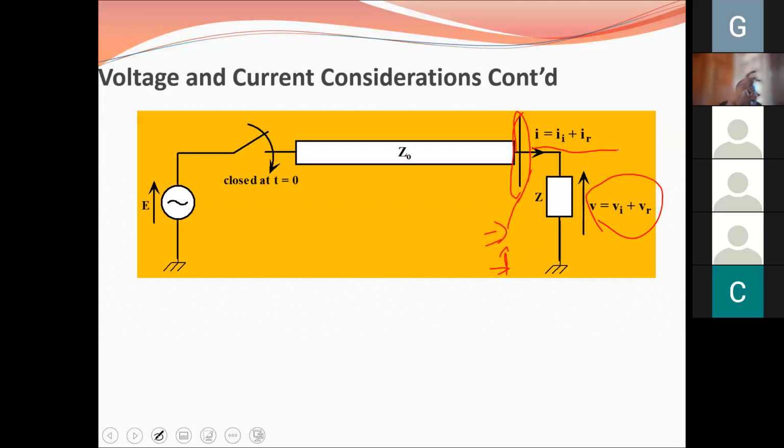All right? But what is true is that I is going to be equal to I incident plus I reflected. Doesn't matter how they combine, all we know is that the combination will be seen.